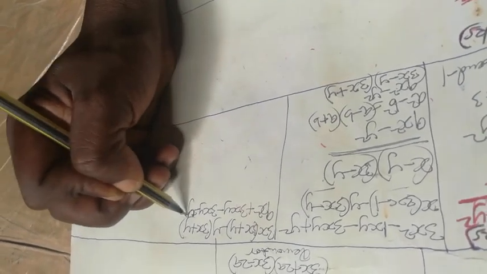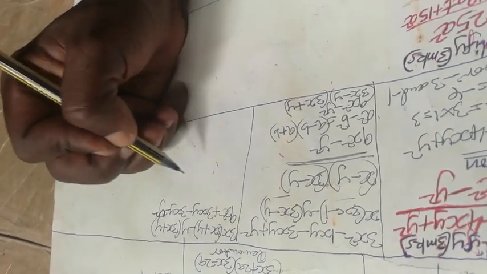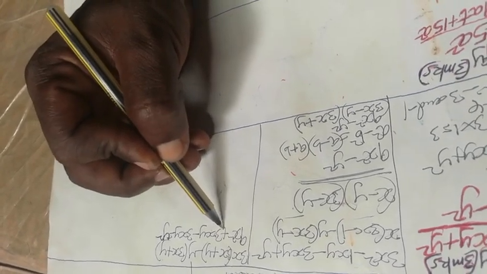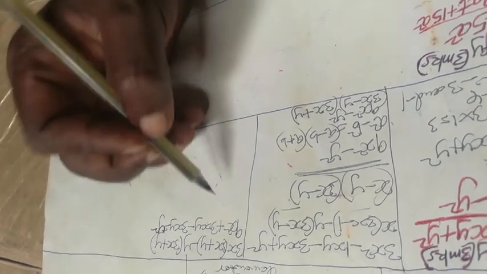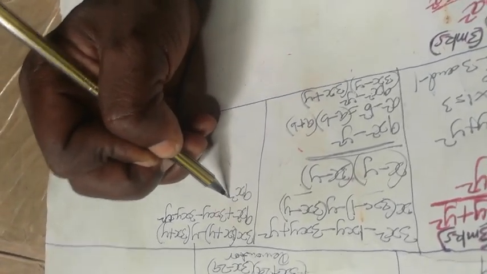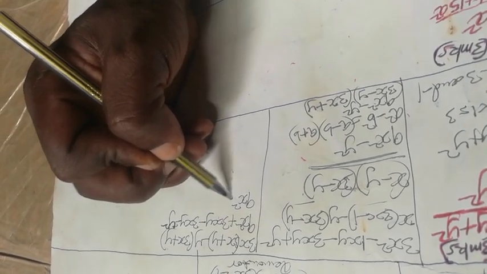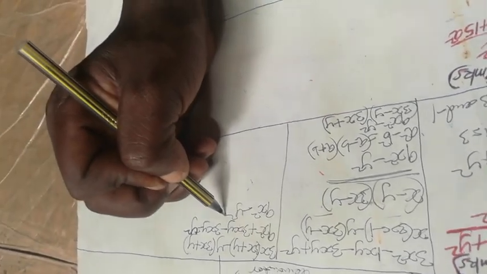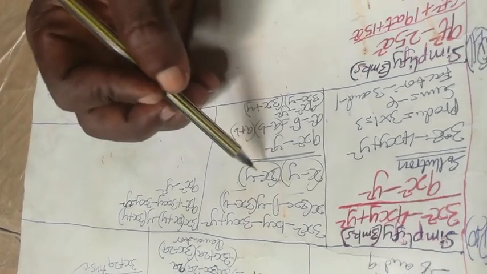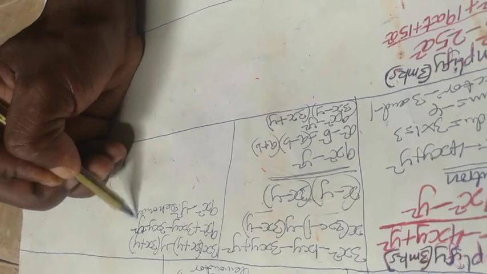The plus 3xy and minus 3xy cancel, which will further give us 9x squared minus y squared. Hence this is our denominator.